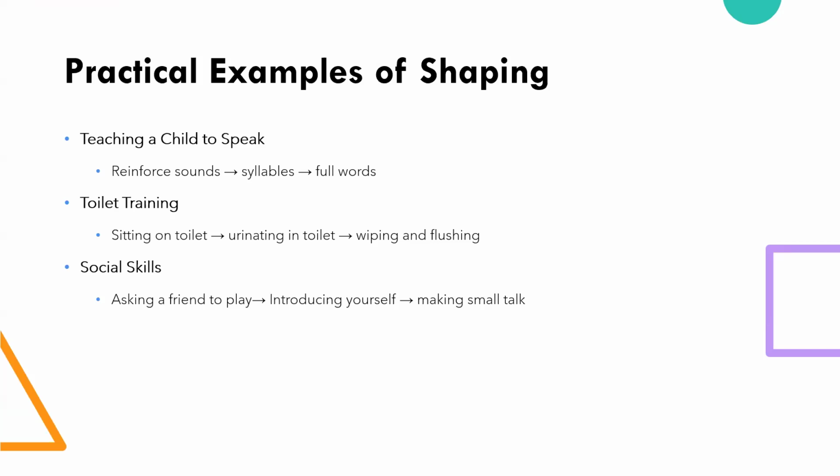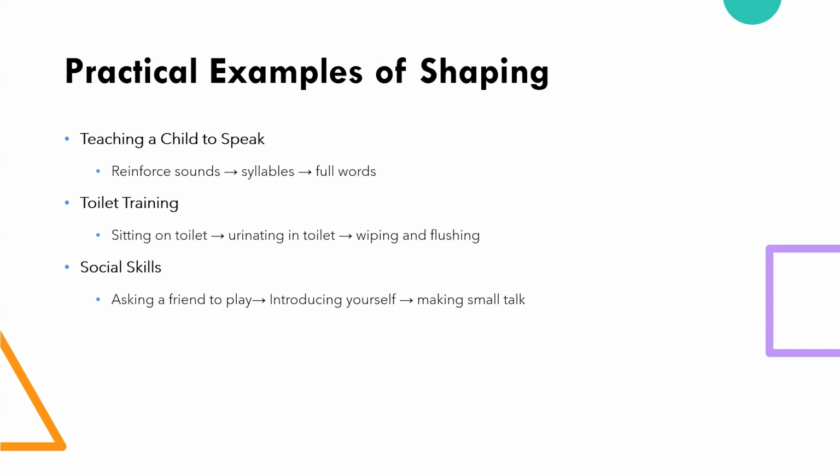There's a whole bunch of applications for this. I feel like the most common example people give is the apple example, teaching a child to speak. You start by reinforcing sounds and syllables, then full words, and you can even go into multiple words or sentences.